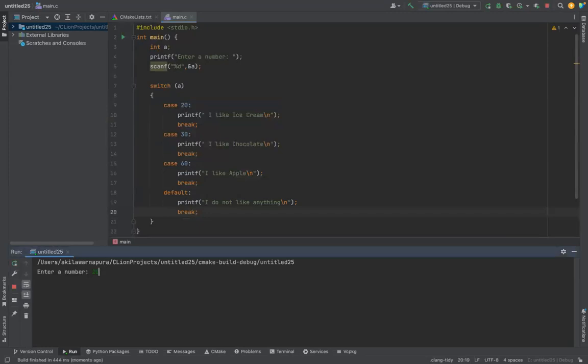Let's say case 20: I like ice cream. Case 30: I like chocolate. Case 60: I like apple. And the default case means any other value. Let's say 25: I do not like anything.